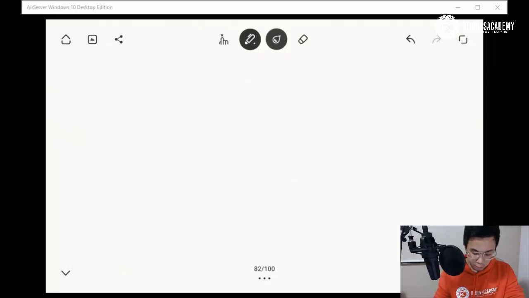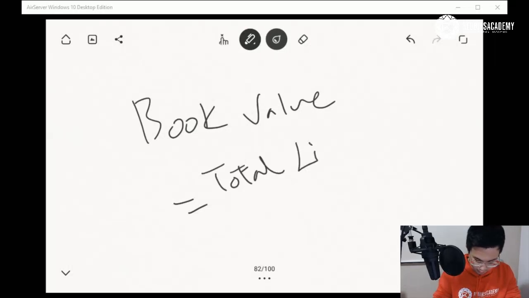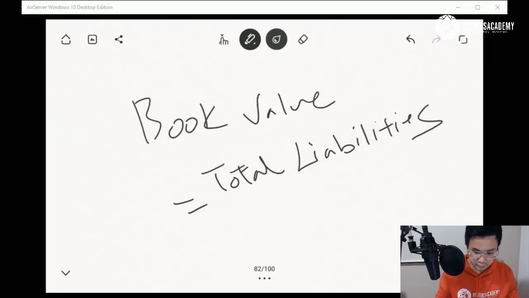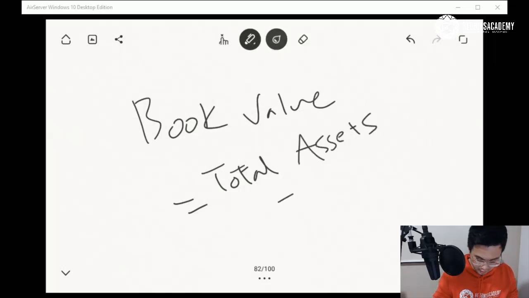Book value is defined as a company's total assets minus away its total liabilities.